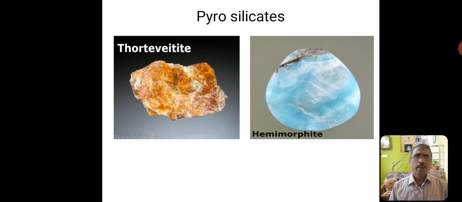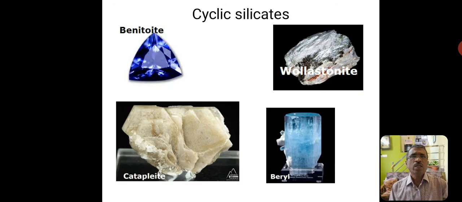Coming to the pyrosilicates, the example I have shown here, thortveitite, is a stone. Similarly hemimorphite is also a type of stone, and when you cut it you get pieces like granite, which you can keep in your house. Now coming to the third one, the cyclic silicates.